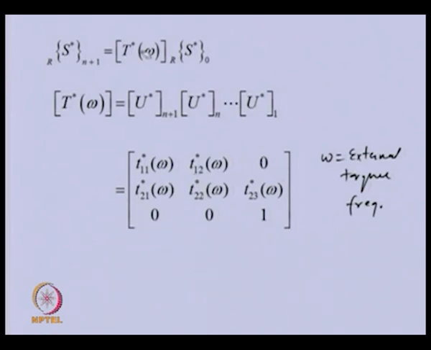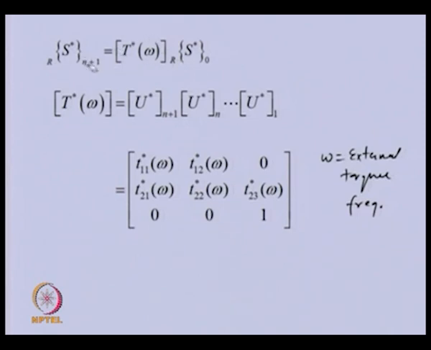So, we are able to get the response from this particular equation for various values of external torque. You can see that when this external torque coincides with one of the natural frequencies of the system, we will have a resonance condition.